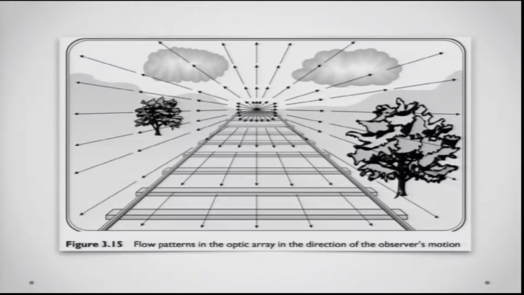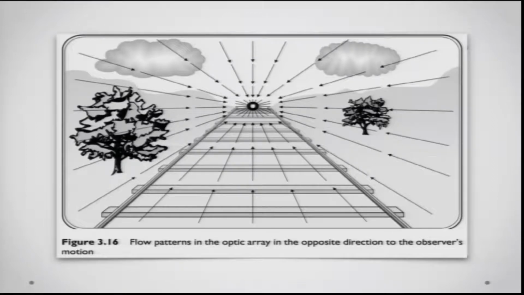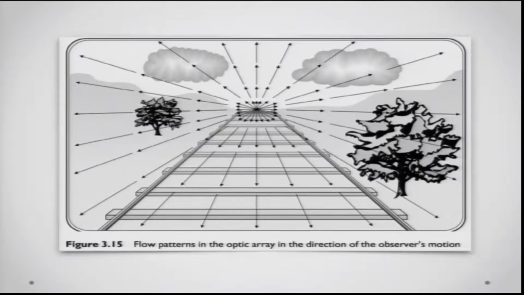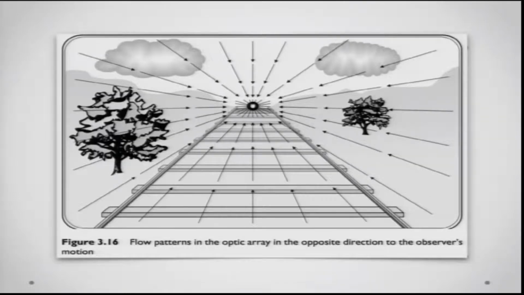That will lead to convergence of the light, a convergent pattern in the array. So in this figure, you're moving away from this direction and you'll see everything converging towards the pole. If you look at these figures, this one is when you're moving towards the pole, and this one here is when you're moving away from the pole. The pole is any point at the furthest distance in the direction in which you're moving.